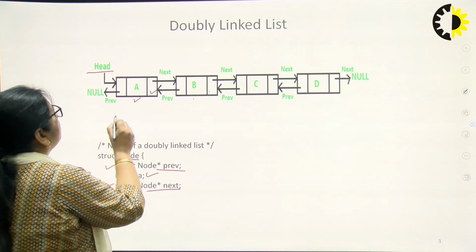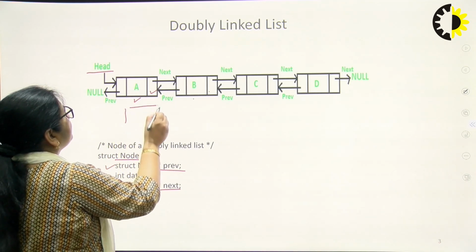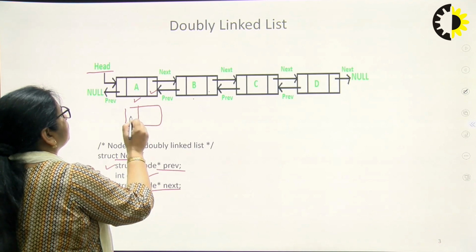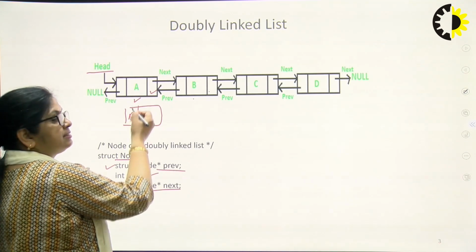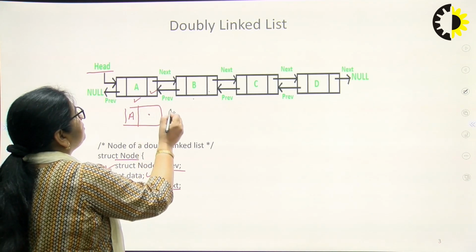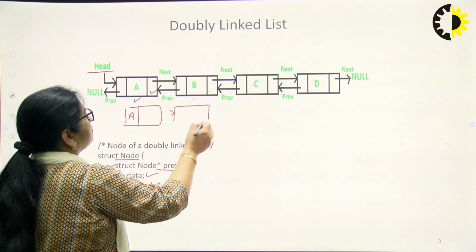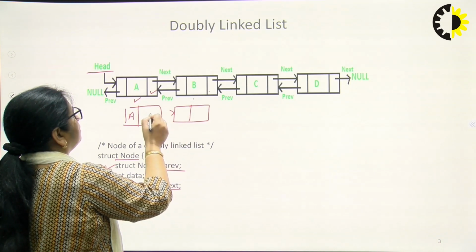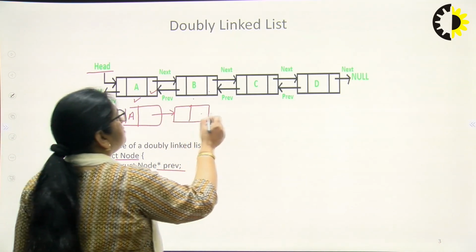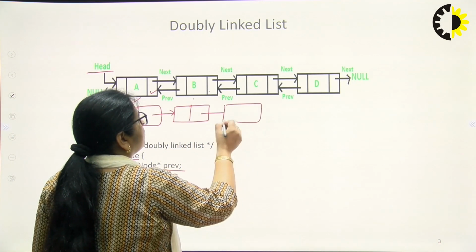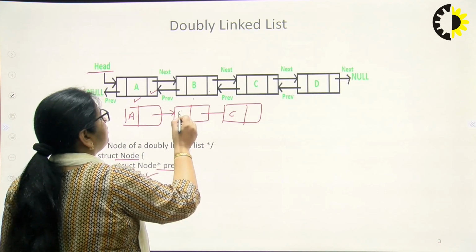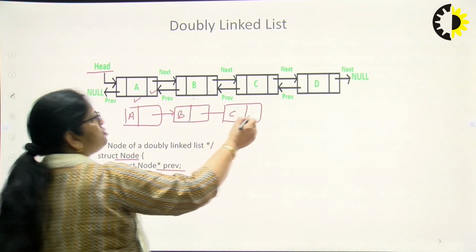If I draw a singly linked list, I will have this information. Let me say the data is the same, A, then a pointer to the next node, which is our next node, then a pointer to the next node, and so on.